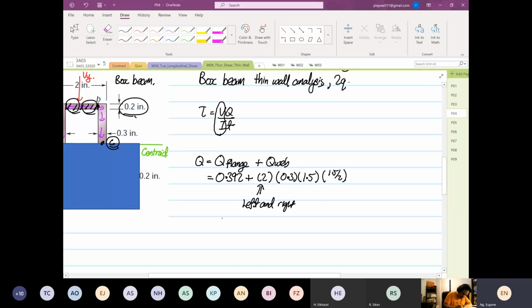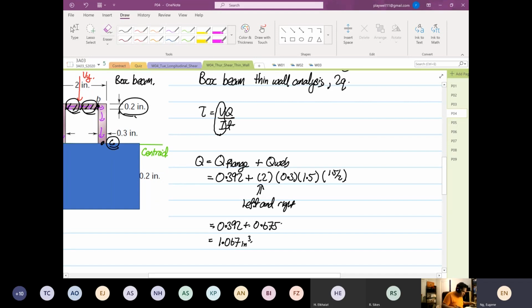So this turned out to be equal to 0.392 plus 2 times 0.3 times 1.5 times 1.5 divided by 2, which is equal to 0.675. So this will be equal to 0.392 plus 0.75. So it is 1.067 inches cubed.